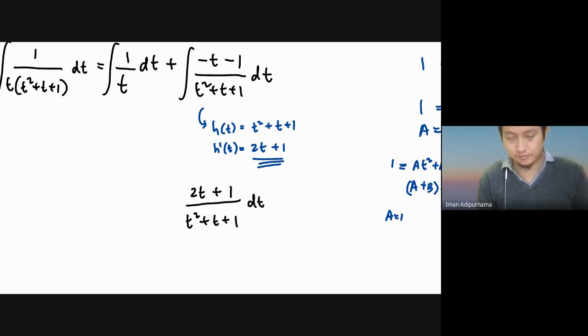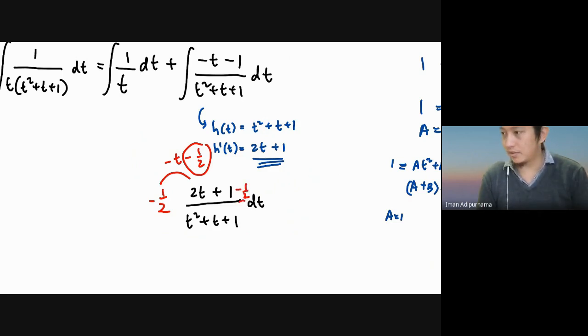Okay. And for 2t to become negative t, we need to multiply with negative half, right? If we multiply this, this will be negative t and negative half. So we have a negative half, not negative 1. So we need a negative half here.